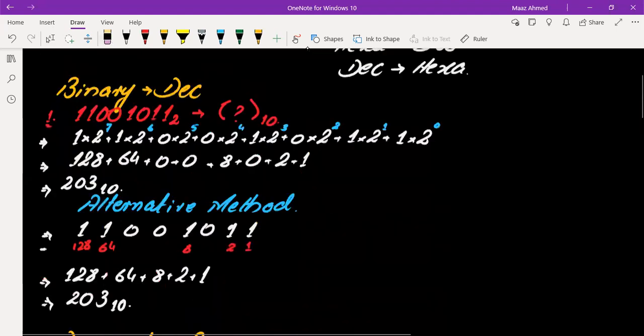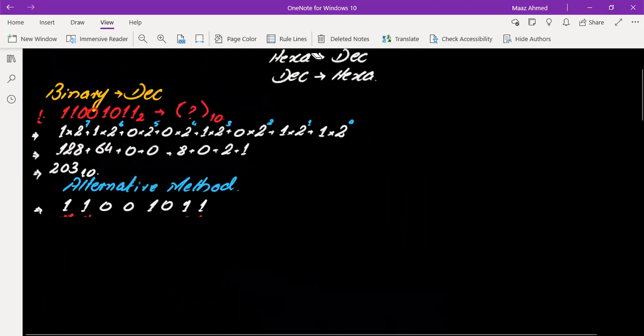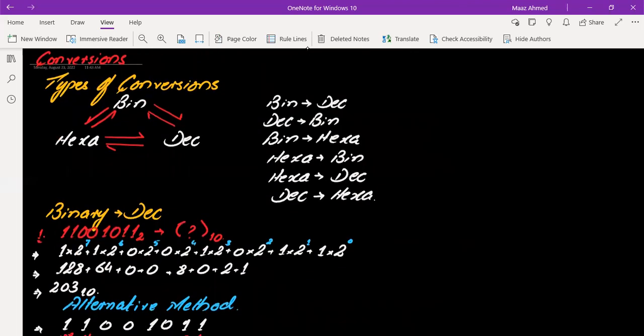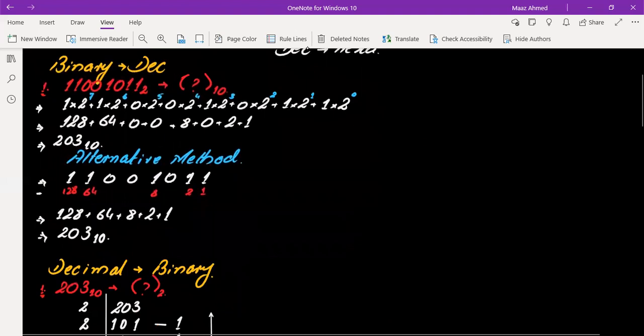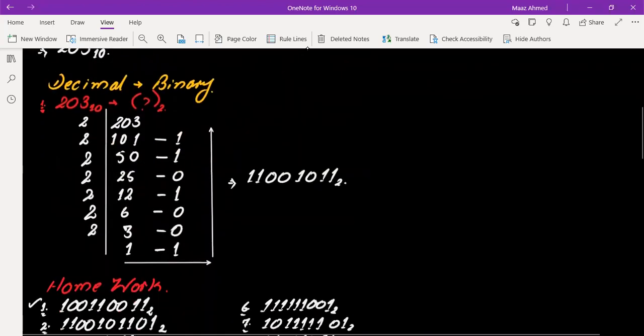For this, you can take the screenshots right now and copy it down afterwards. Just take the screenshot, guys. Okay, that's binary to decimal. Take the screenshot for this. Then it's decimal to binary.